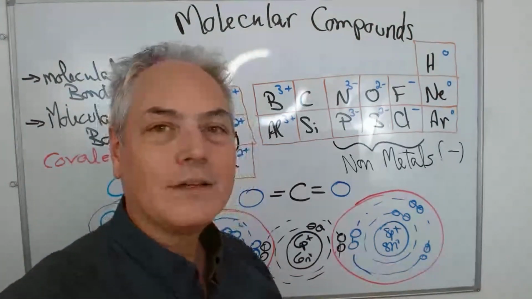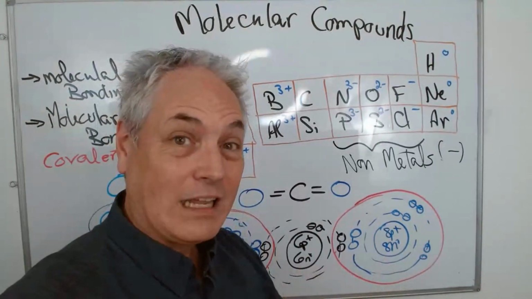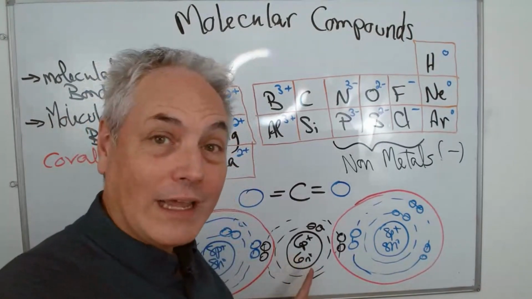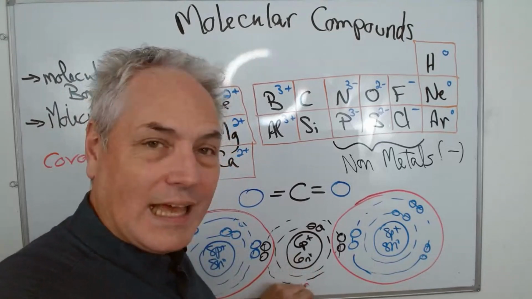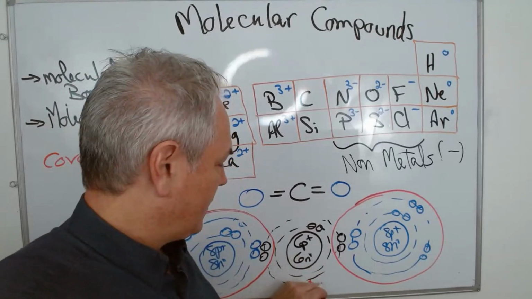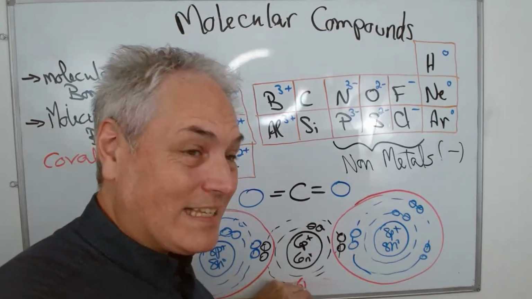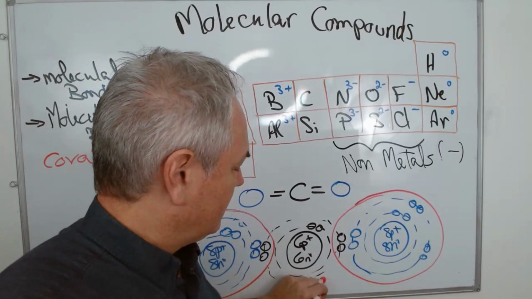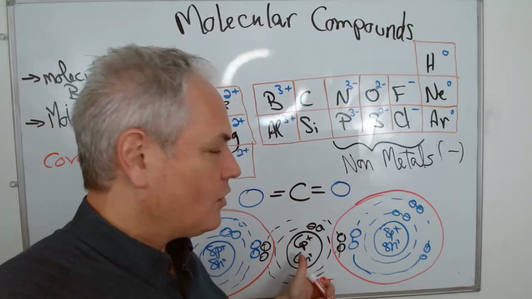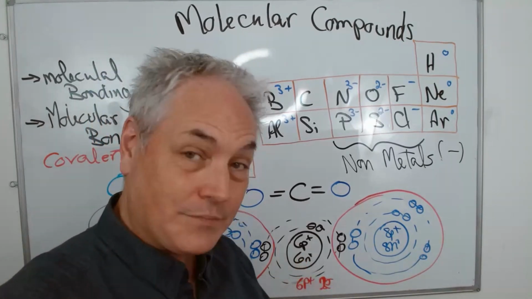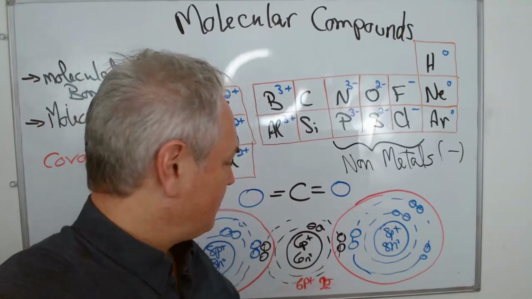Here we have an atom that will be happy. Now, what happens though is that if you look at this carbon, it has 6 protons and 2 electrons. Look how much charged this atom would be.